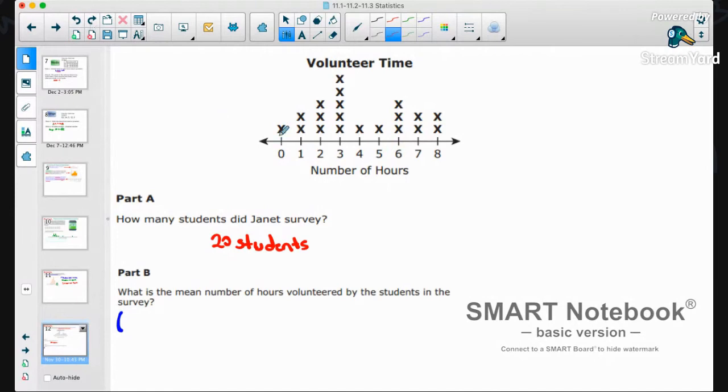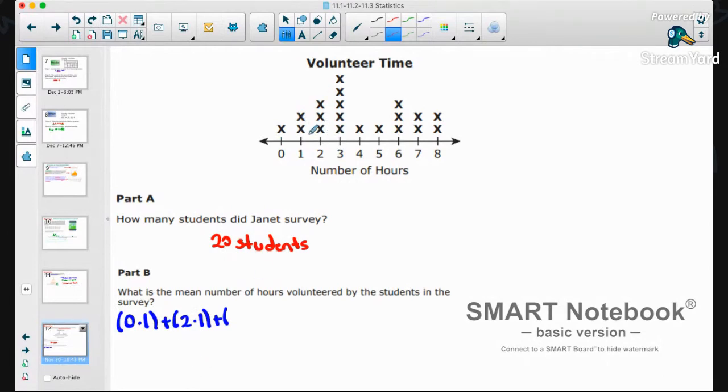How? How many students volunteered 0 hours? There is 1 student. So 0 times 1 is the number of hours I will get from here. How many students volunteered 1 hour? 2 times 1, altogether they volunteered 2 hours. And then we need to continue in this way.